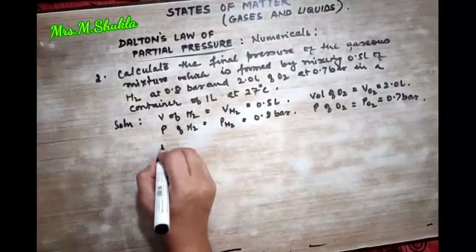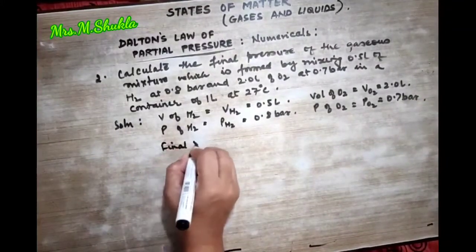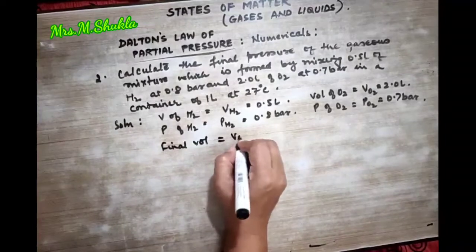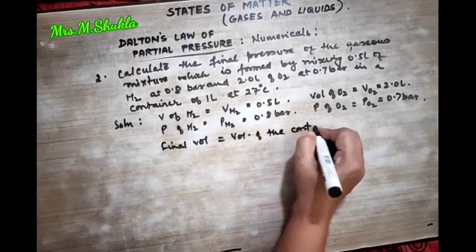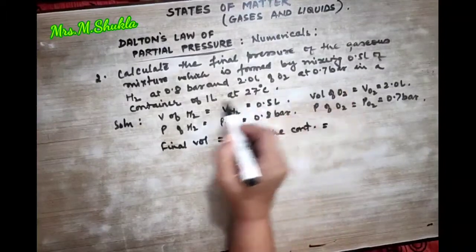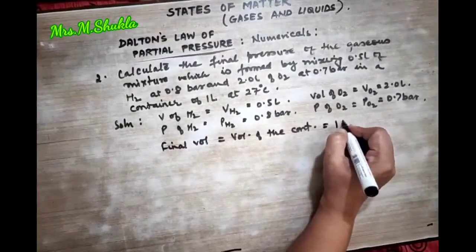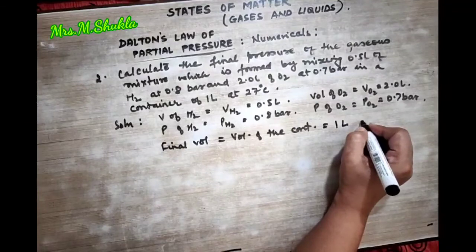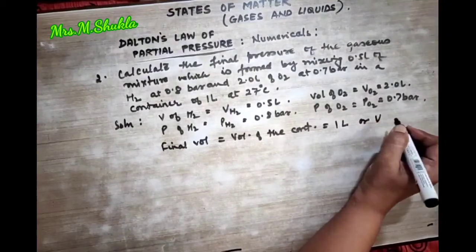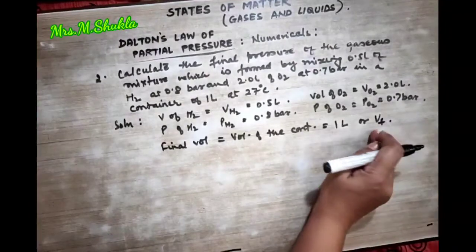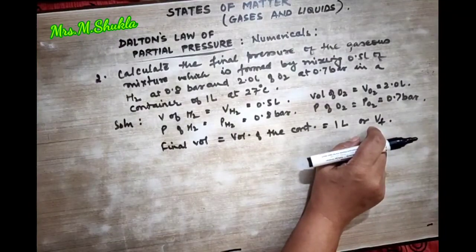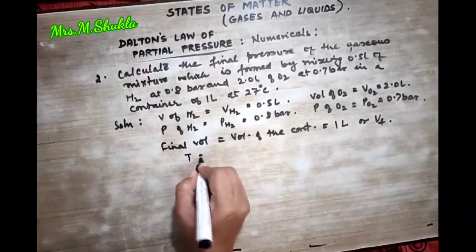Clear? Now the final volume is always equal to the volume of the container, right? And what is the volume of the container given to you? That is 1 liter. Or we can also say this is given to us as V final. Now what is the temperature?